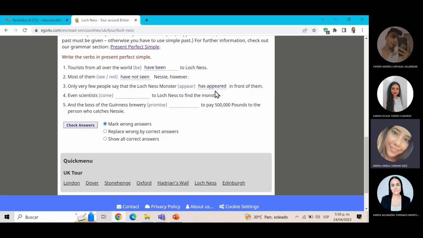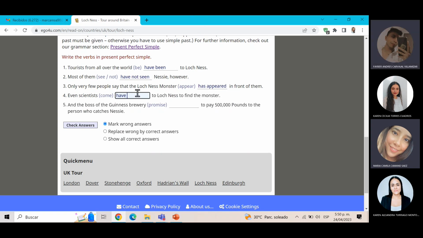Okay, the fourth one: even scientists. What is the auxiliary verb, have or has? What do you say? Have. Yes, it's have. And what is the past participle form of come? Are you sure?